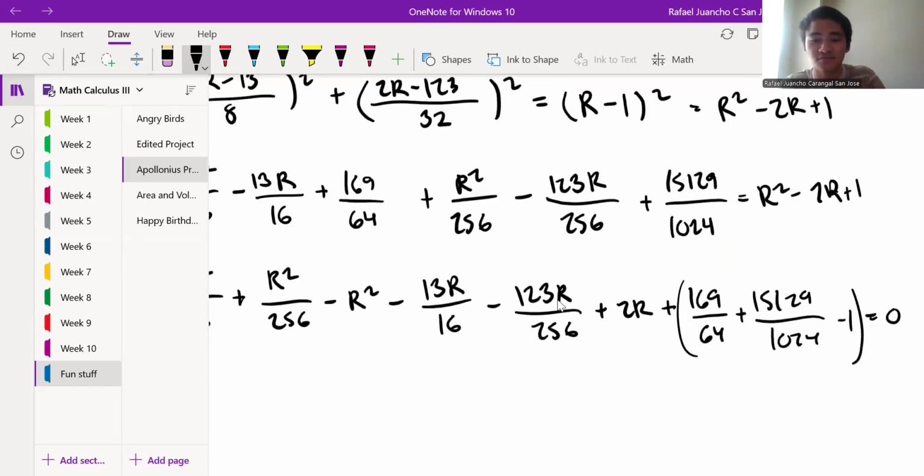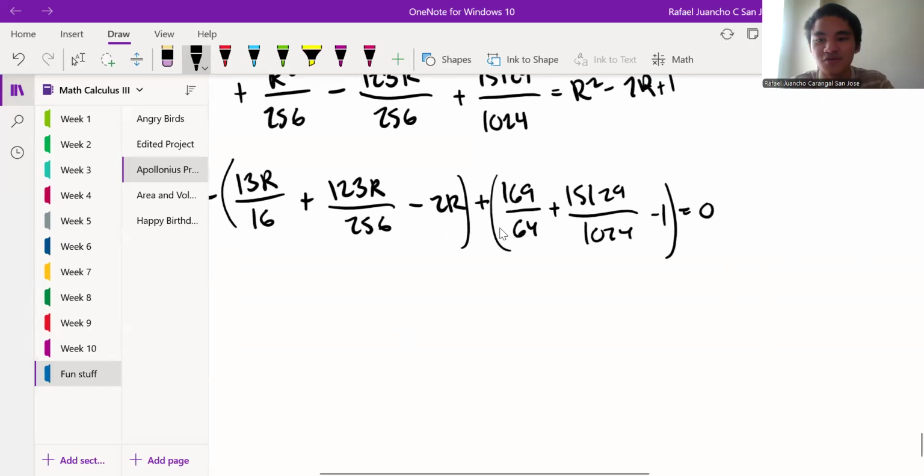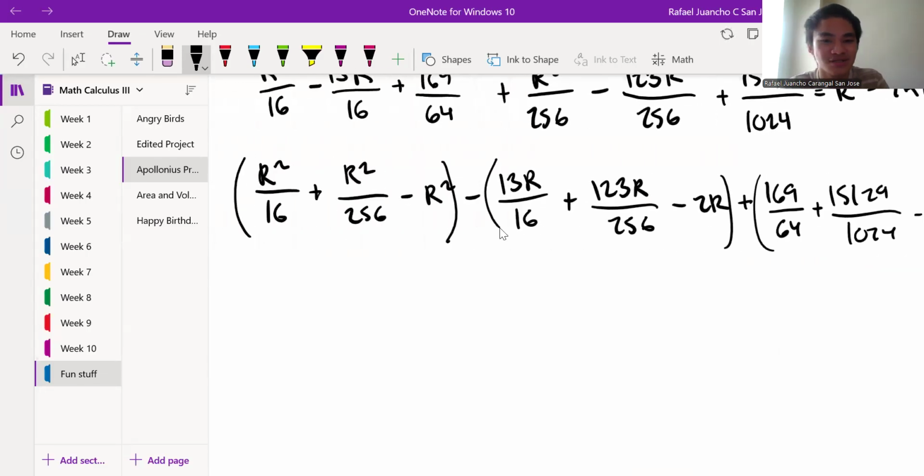Let me just do this, just to kind of keep it organized. There we go. Not too shabby. And then this becomes plus. This becomes minus. Okay, and then from here, let me just do one by one because I don't wanna gas myself.